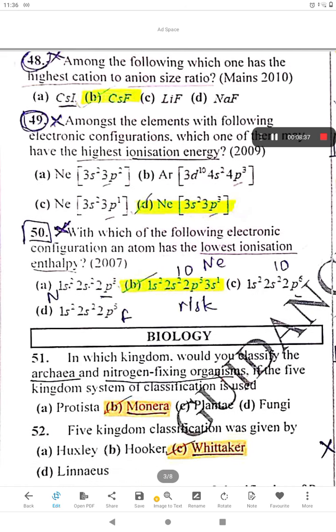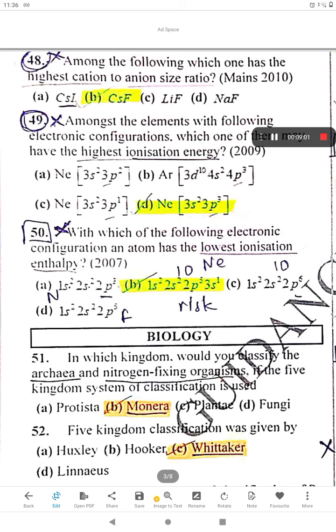50th says: with which of the following electronic configurations does an atom have the lowest ionization enthalpy? The lowest ionization enthalpy will probably be of a metal, and it must be actually 3s1.